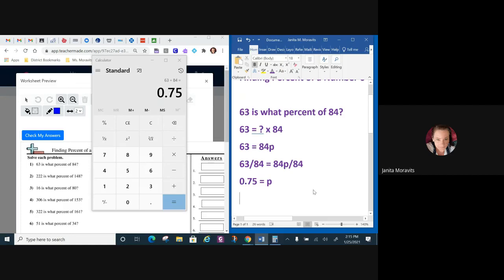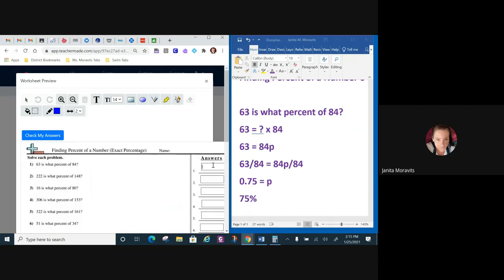All right, so to change that to a percentage, we're going to move our decimal 2 places to the right because we're going from decimal to percent. So we're going to move 1, 2 to the right, and we have 75% is equal to our percentage. I'm not going to put that on there. But then you're going to go right over here, and number 1, you're going to type in 75%.